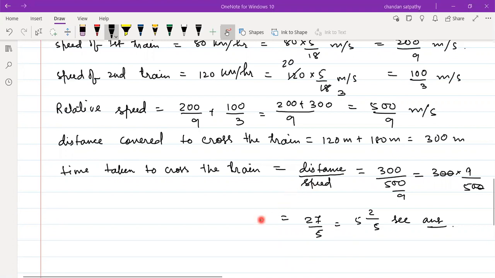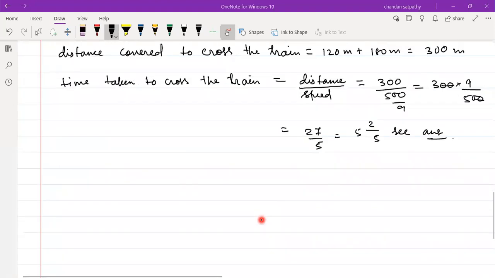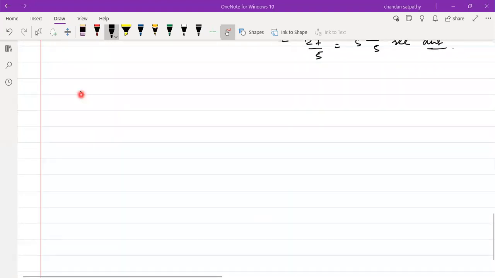Okay. So now we will see question number 1 bit 4. What is there in bit 4? Look at the question, everyone.